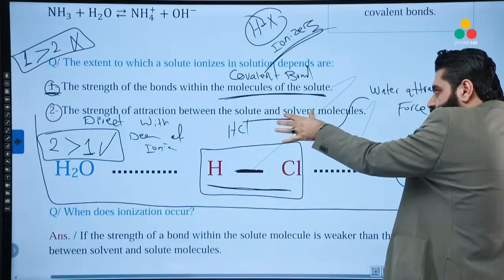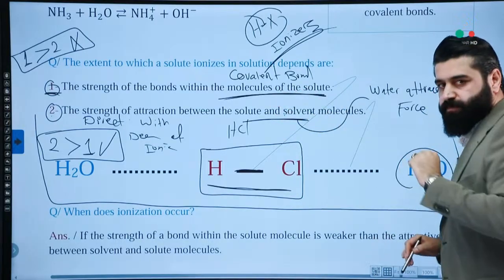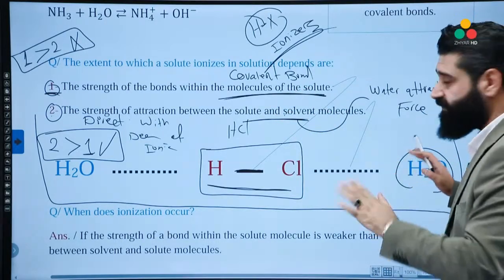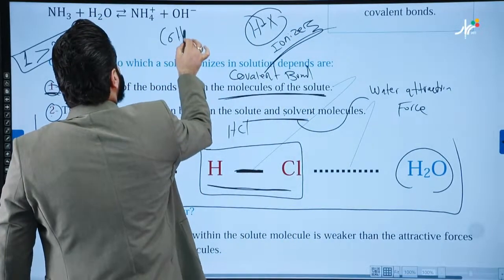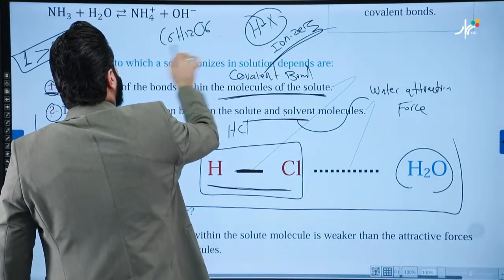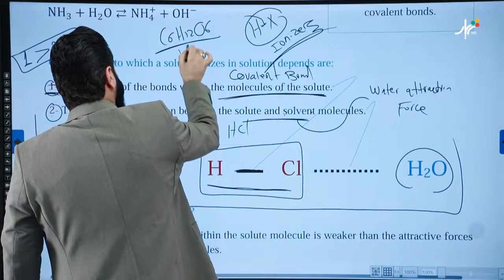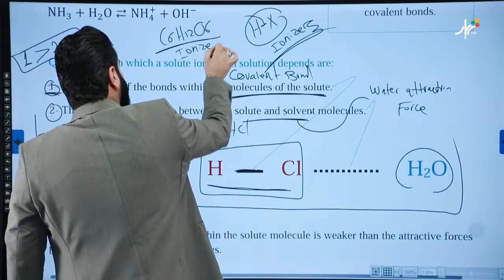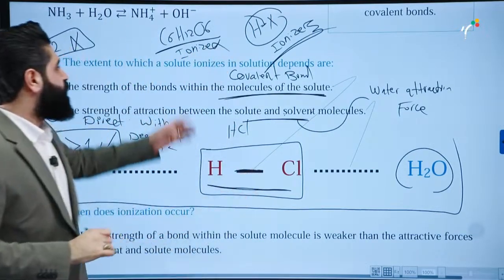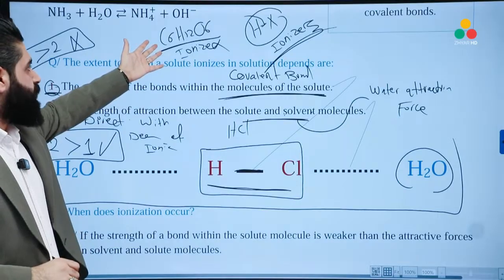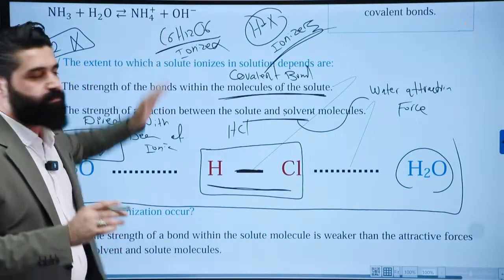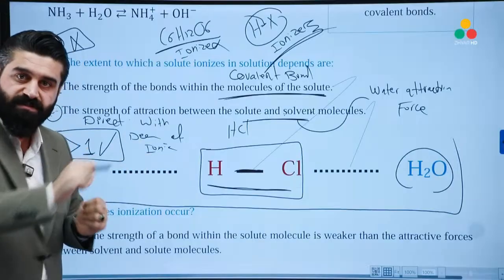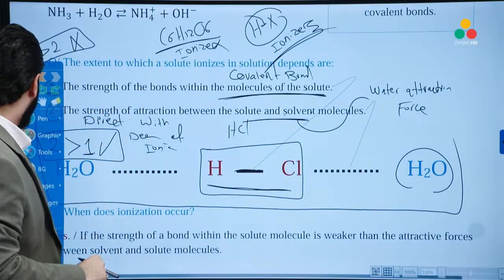It means the second point is stronger than the first point. And vice versa. For the sugar molecule C6H12O6, it cannot ionize. There's no ionization for the dissolution of glucose in water because water cannot overcome the covalent bonds, the attraction within the molecule.